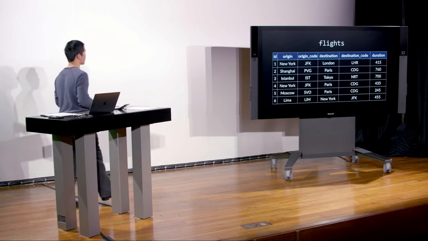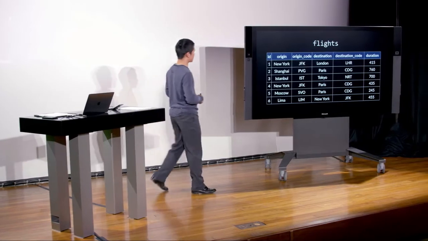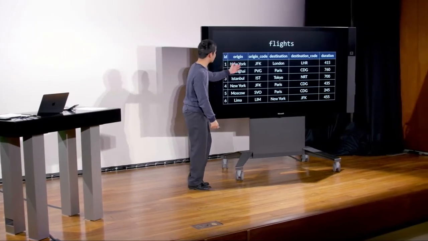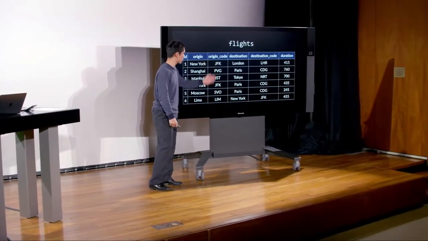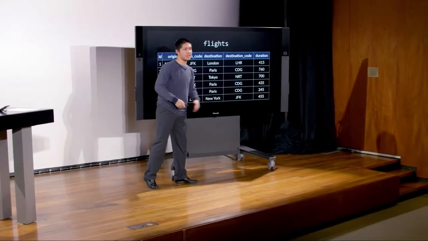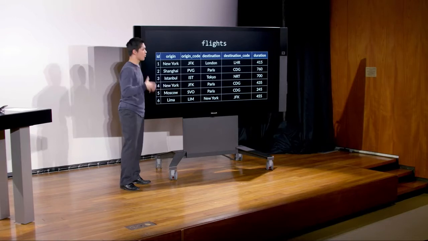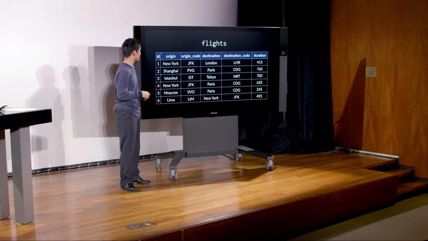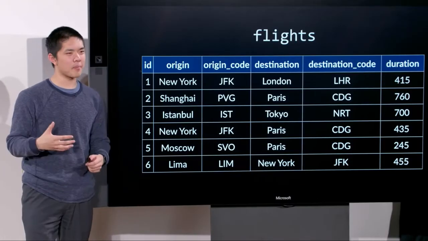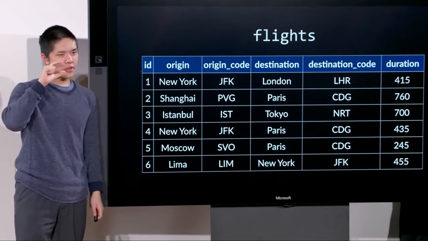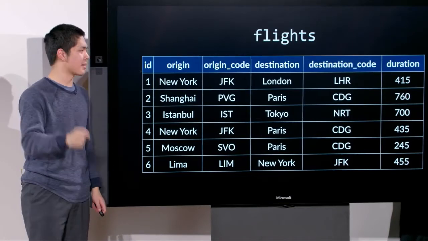So I've just picked out a representative airport code from each of these individual cities. New York, I've picked JFK, and each of these different origins has an origin code, and each destination has a destination code to tell me which specific airport I'm flying out of or flying into. But now, as it starts to get more complicated, you can start to see some of the potential design improvements that we could make to this table.